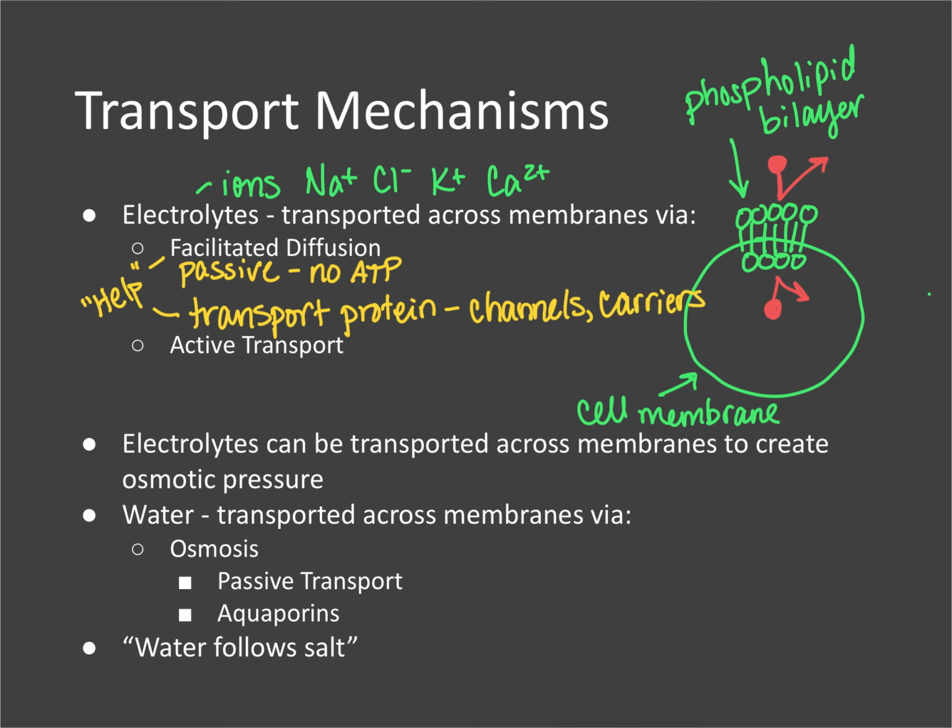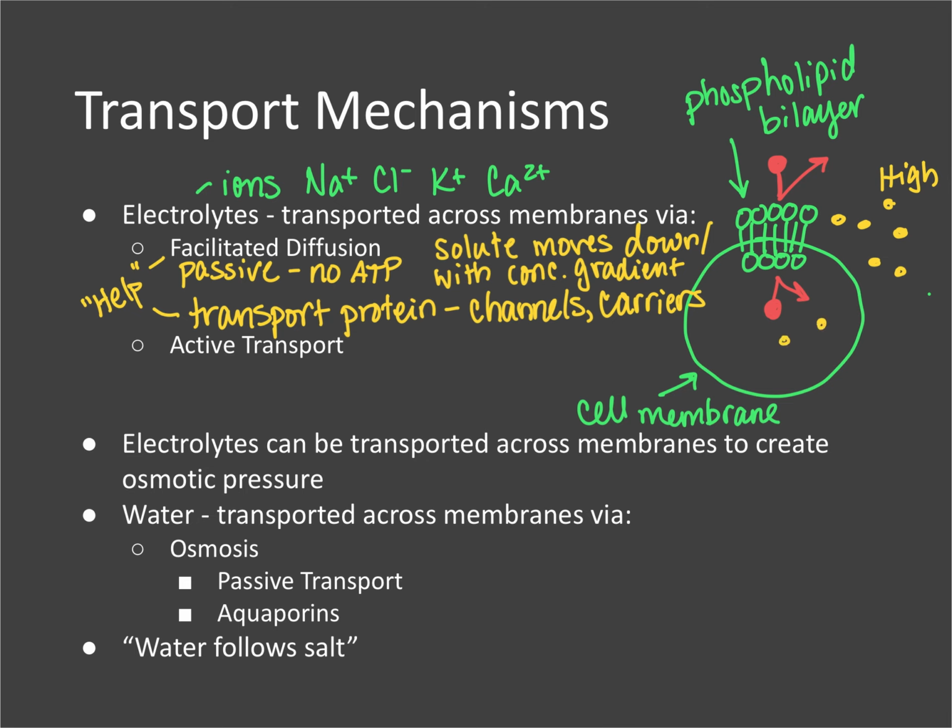In facilitated diffusion, the solute can only move down or with the concentration gradient. And what this means is that the solute is going to move from an area of high concentration to an area of lower concentration.